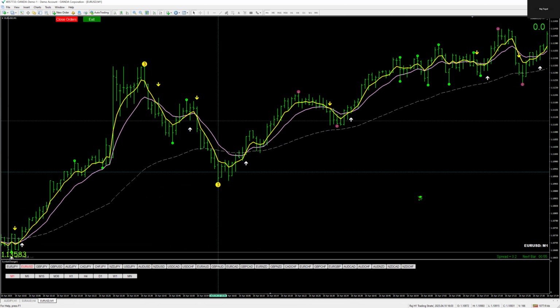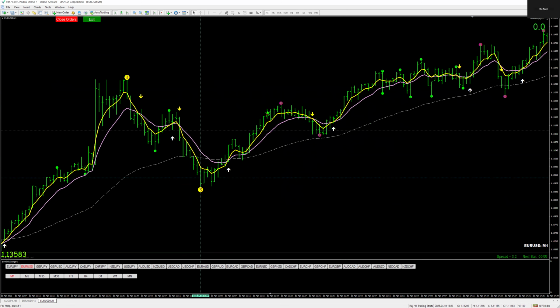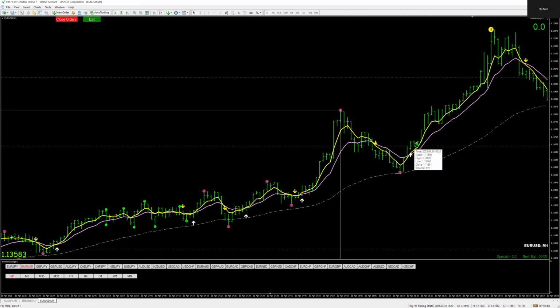But if you kept increasing the lot sizes as you went along, you would be close to $1,000, $2,000 whatever account. It would be like instead of 800, you would have made, I don't know, you would have doubled it, at least tripled your account.